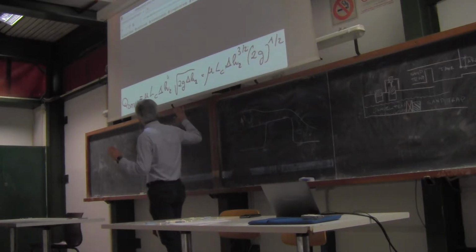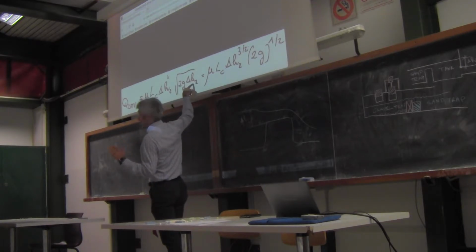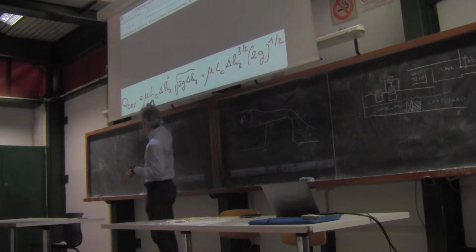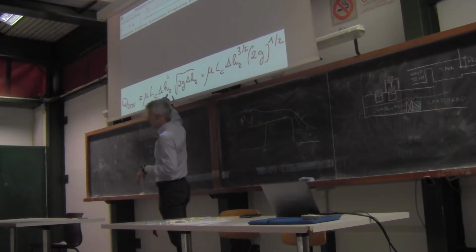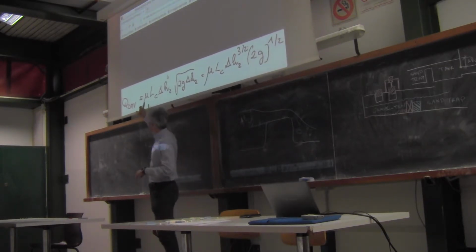Therefore, if you look at the independent variables, there is delta H2, which we already discussed, the width of the spillway, again delta H2, and g is gravity. And also there is a flow coefficient, μ.